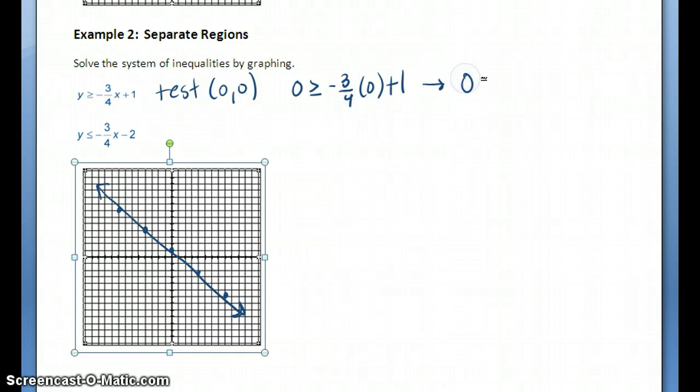When I simplify it, I get 0 is greater than or equal to 0 plus 1, which is 0 is greater than or equal to 1. Well, that's actually false. 1 is actually greater than 0. So if that is false, then I'm going to shade where my 0, 0 is not included. And that's going to happen right up here.